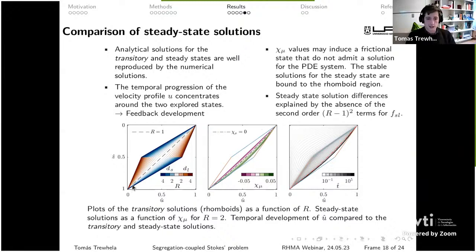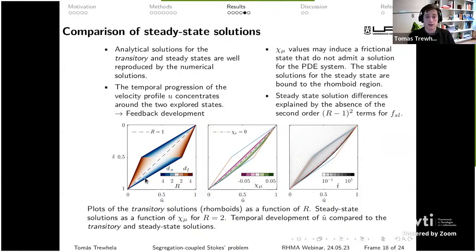And it's also interesting the appearance of this rhomboid, which basically is the region where the feedback happens. So the feedback is characterized by this initial state where segregation is decoupled, and then moving towards this inverse broken linear profile, which is the case that is fully segregated.